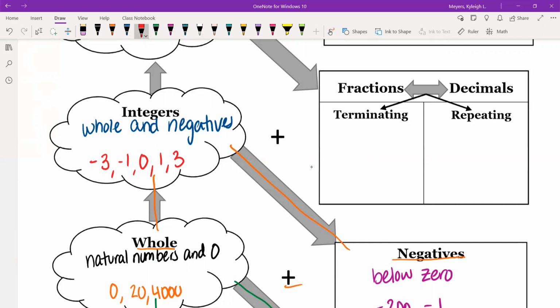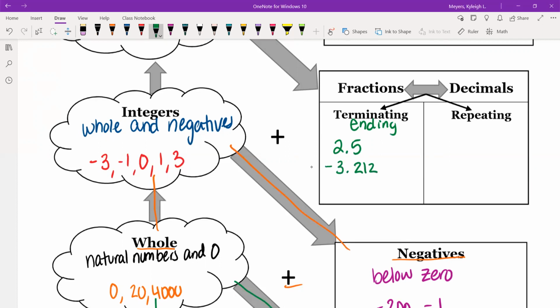Okay, now we have to talk about fractions and decimals. We're not going to talk about fractions a whole bunch right now, but we are going to talk about decimals. Terminating means ending. So numbers that stop, such as 2.5 or negative 3.212.